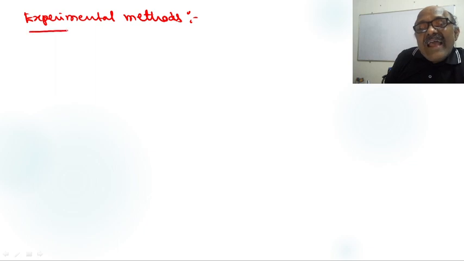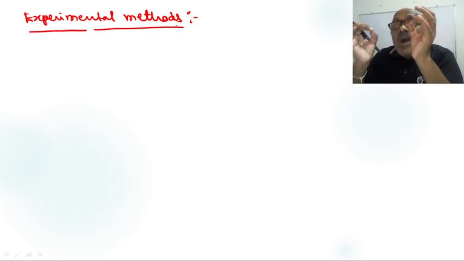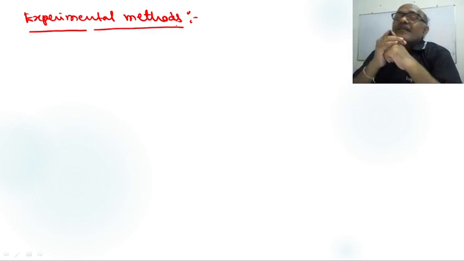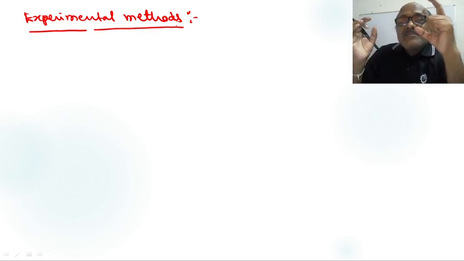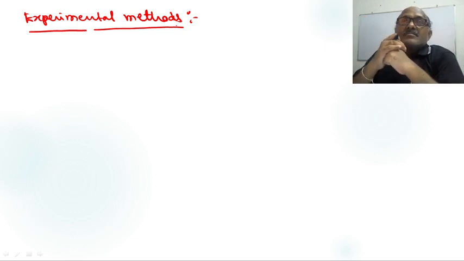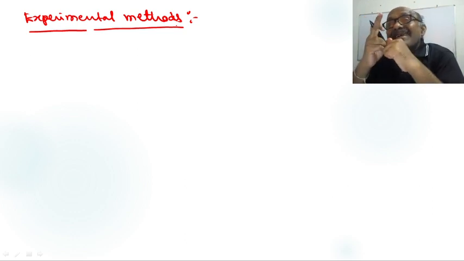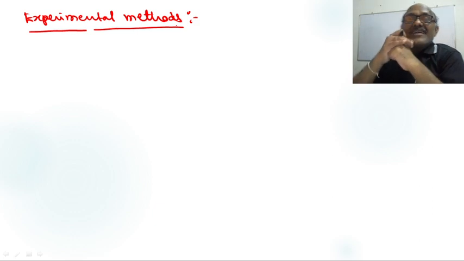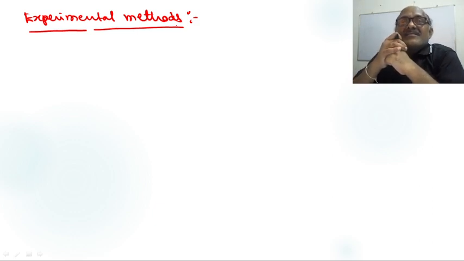In this experimental method, the parameter is found by conducting experiments only. For example, a tension test to find the change in length of a mild steel specimen by conducting a tension test on that specimen.